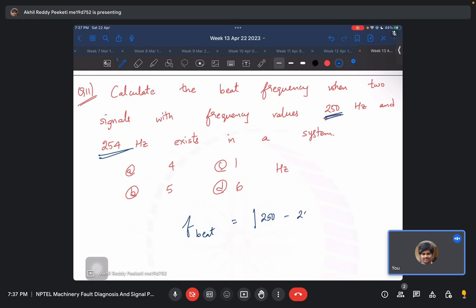So 250 minus 254 gives 4 hertz. Okay, it's as simple as that. This is the beat frequency when you mix two signals whose frequencies are very close. Okay, let's move to the next question.